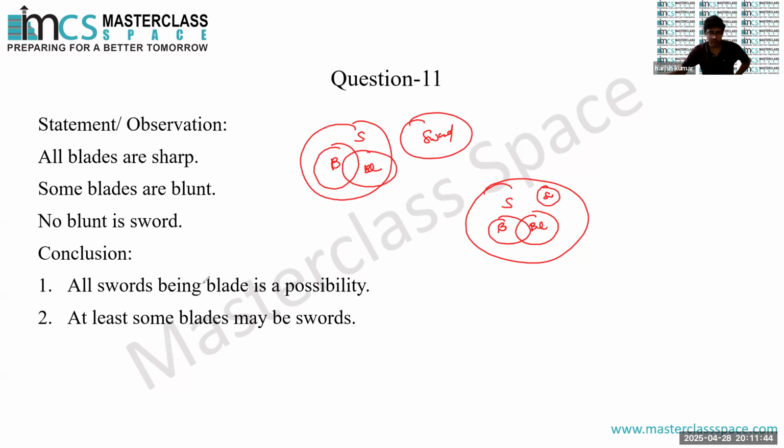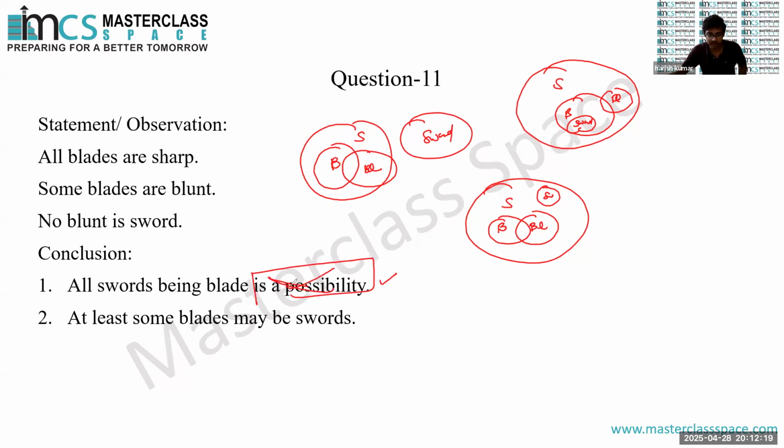All swords being blade is a possibility. Yes, it is a possibility, because there is one case wherein this is sharp, here we have blades, and here we have blunt, and in blades swords can lie, without the intersection with blunt. So I only need to check whether I can find one diagram, and I can find one diagram, so therefore this is correct. But instead of that, all swords are blades.